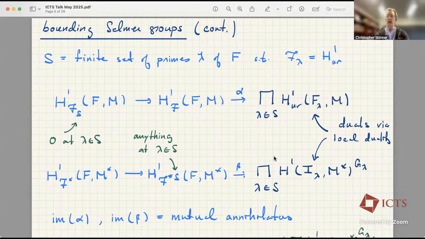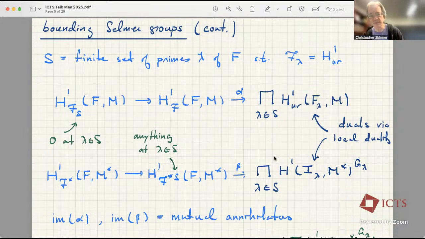There's a corresponding sequence for the dual Selmer group, but now the dual Selmer group is not in the middle, it's the kernel. We relax the conditions at the primes in S. We allow them to be ramified. So we allow them actually to be anything at Λ and S. And then we look at the restriction of that group into the primes at Λ. But now we're just interested in their images when we restrict to inertia.